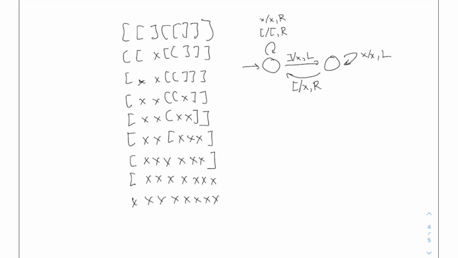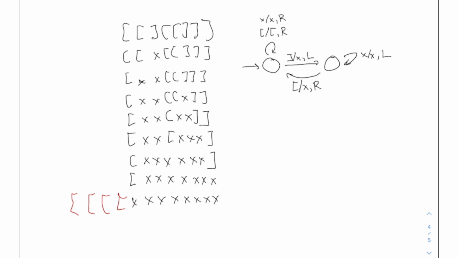Actually, there's one little technicality. What if somehow there were a bunch of extra opening brackets here? You might be fooled into thinking you were done if you run through in this first state. If you run all the way to the left through X's and hit a blank, you might think it should be accepted, but actually it should not be accepted because of those extra guys at the beginning.